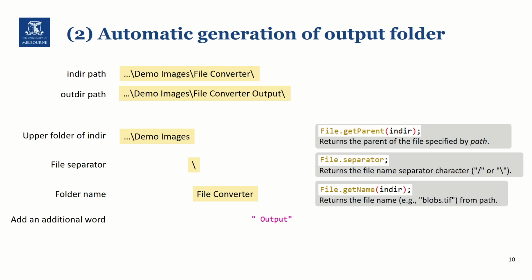This is handy this time as we will add an additional word after this, and in this case, space and output. And then we can finish this with /, which is a file separator. All of these values can then be glued together using the plus operator to make a full string.